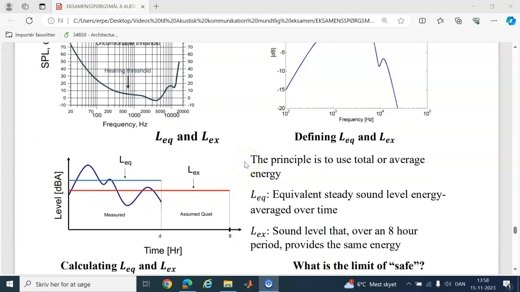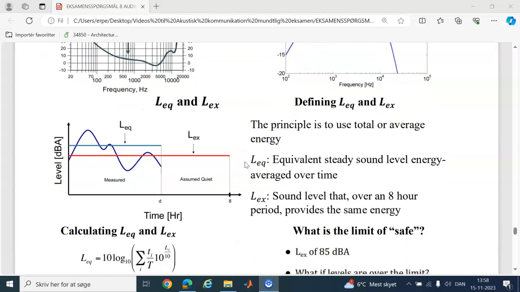And we can define LEQ and LEX. The principle is to use total or average energy. LEQ is the equivalent steady sound level, energy average over time.